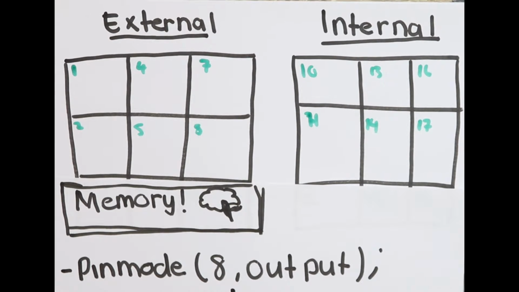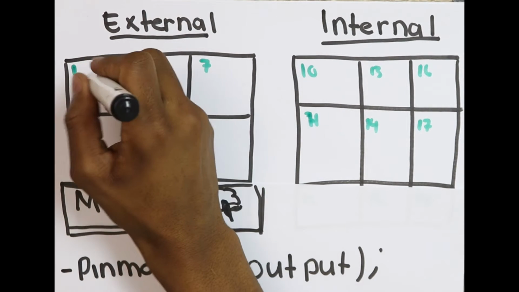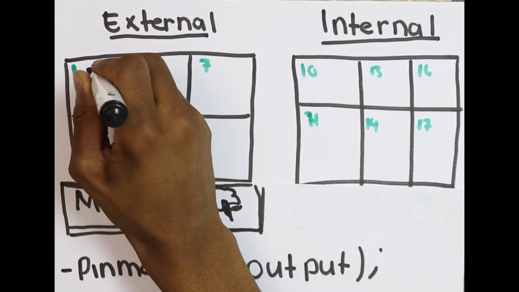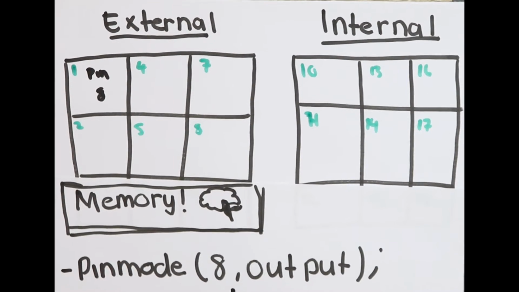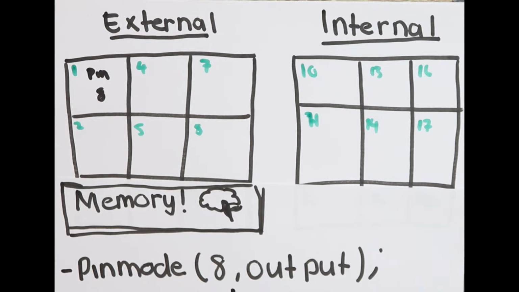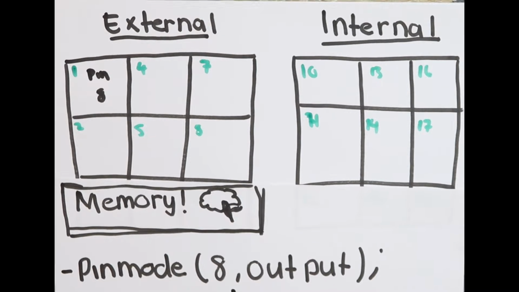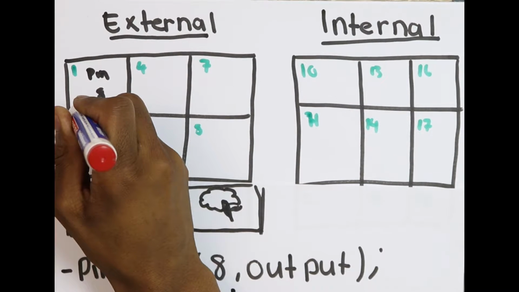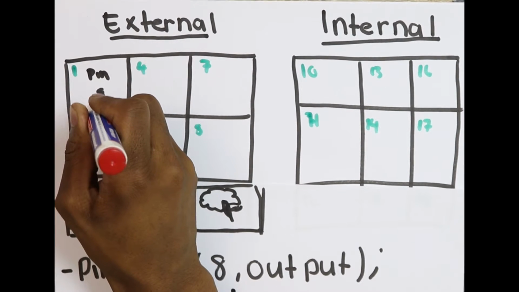Since this is happening for the first time, it's going to say, okay, the information of pin number 8, I want to put it in this shelf. So now it knows that at label number 1, I have information on pin number 8. And then it says I can also add more information about what is happening at pin number 8. And then it's going to say the programmer wants pin number 8 to be used as an output.